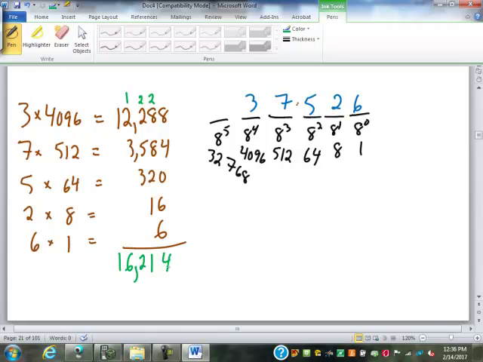So 16,214 is what we've got there. This is base 10. That little 10 there indicates that's base 10. That is equivalent to 37526 in base 8. Notice I didn't pronounce that 37,526 because it's not thousands and hundreds anymore.